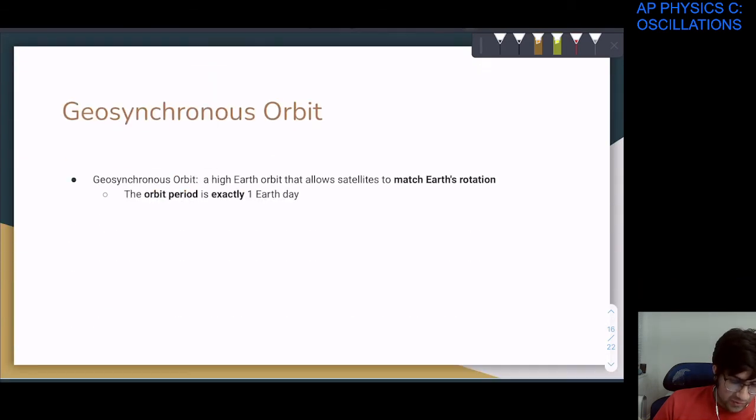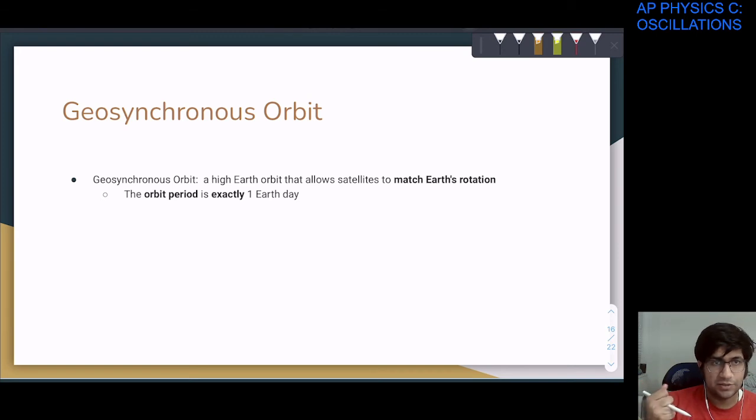And then the last point is this term called geosynchronous orbit. What this is saying is that if you have a satellite orbiting Earth, the satellite will orbit the Earth such that the orbital period is exactly 1 Earth day.